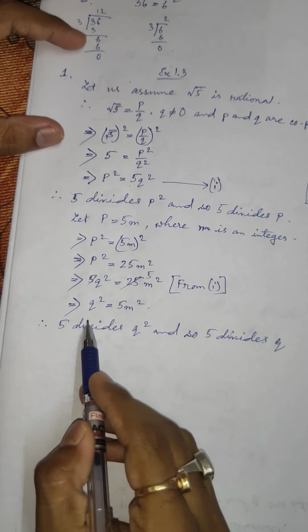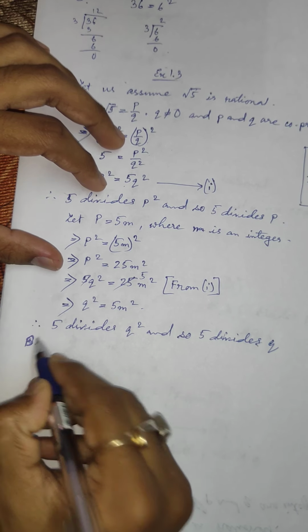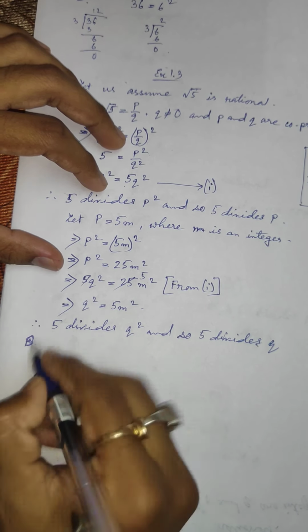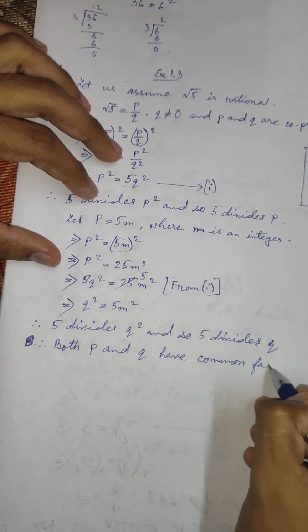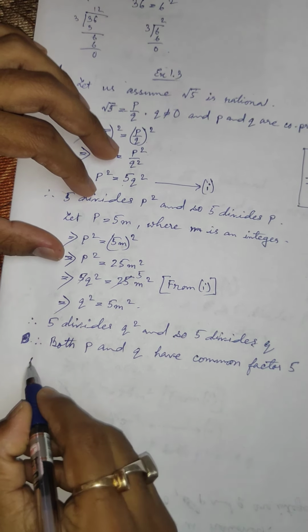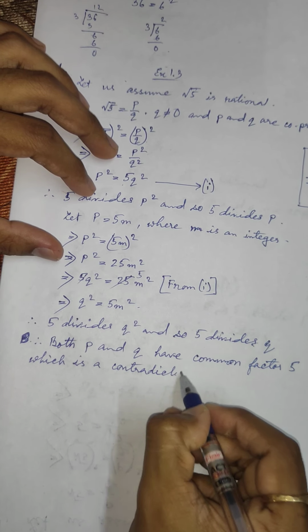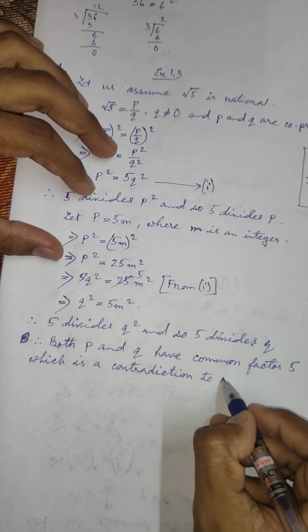So now we write: both p and q have common factor 5, which is a contradiction to our assumption.